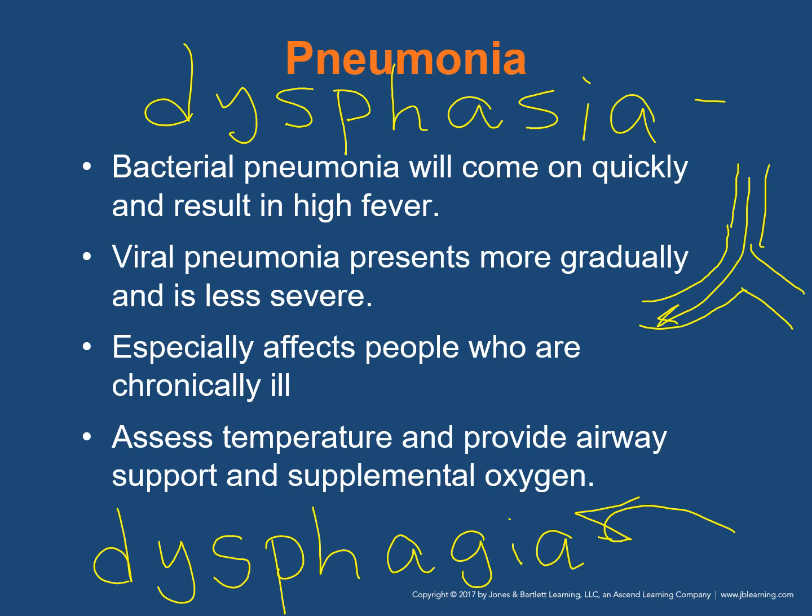We need to just maintain their airway. Sometimes they need suctioning if they're kind of lethargic and not able to swallow very well, and possibly bag valve mask. Ask for paramedic support.